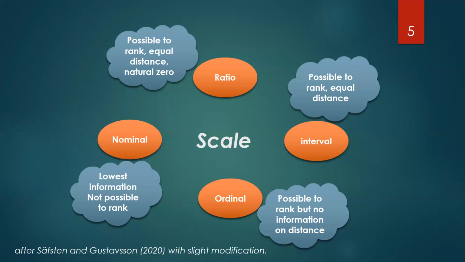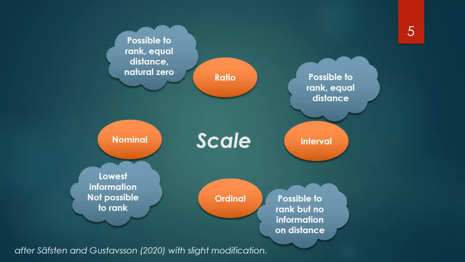We have interval data. They are possible to rank, and they also have equal distance. For example, look at temperature. Temperature is one of the interval type data. We have, for example, temperature from -30 up to +30. When the temperature increases, the number increases.